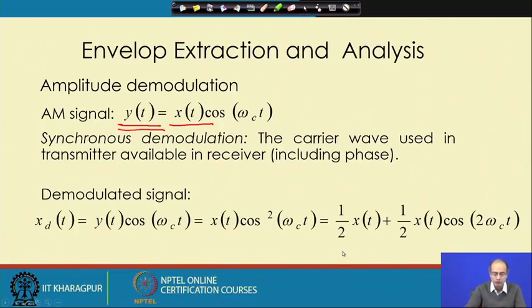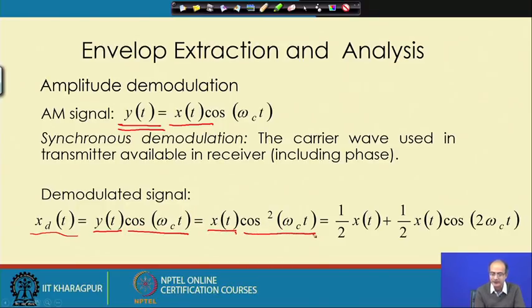So, for the demodulated value x_d, we multiply the observed or received signal y(t) with the same carrier frequency at the same phase.